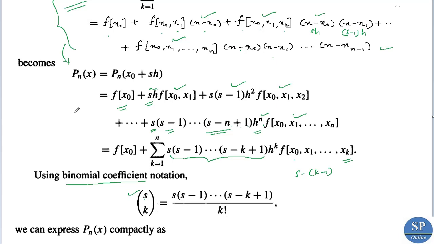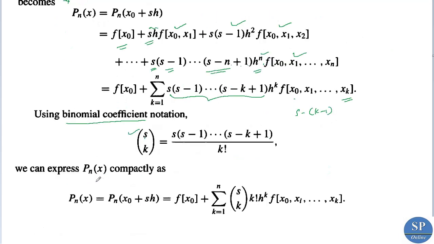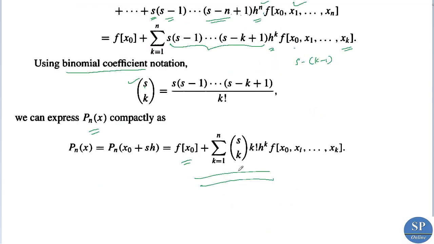So this polynomial becomes Pn(x), which is Pn of x0 plus sh, equal to f of x0 plus summation k from 1 to n of s choose k into k factorial into h to the power k into f of x0, x1, etc., xk. So we can represent the divided difference formula in this way also.